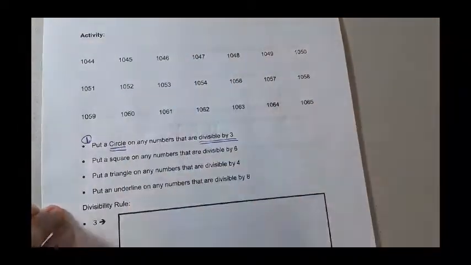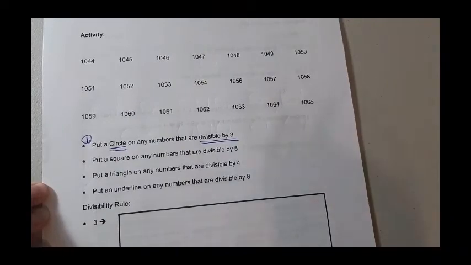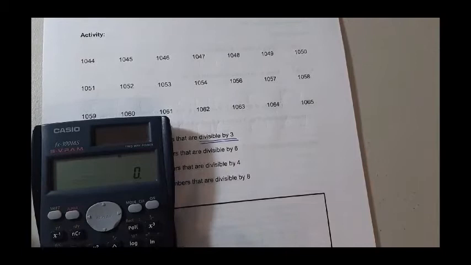This is our activity on page number 5. I know that there is a rule, but I'm not going to tell you the rule yet. I want you to take out your calculator and give it a shot. This should take about 1 or 2 minutes. So please pause this video and go through it.